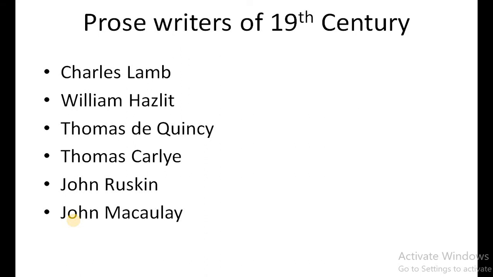He wrote Essays of Elia and Last Essays. Then William Hazlitt wrote A Man of Violent Temper and The Spirit of the Age. Thomas De Quincey wrote essays, his autobiographical sketches. The best known is Confessions of an English Opium-Eater. Yes, his historical essay Joan of Arc, also On the Knocking at the Gate in Macbeth, and he also wrote on Goethe, Pope, Schiller, and Shakespeare.